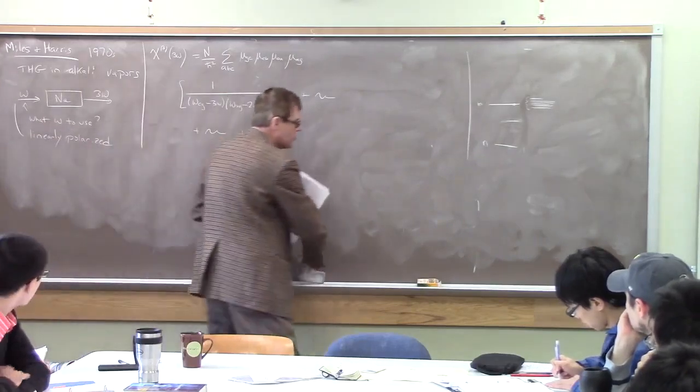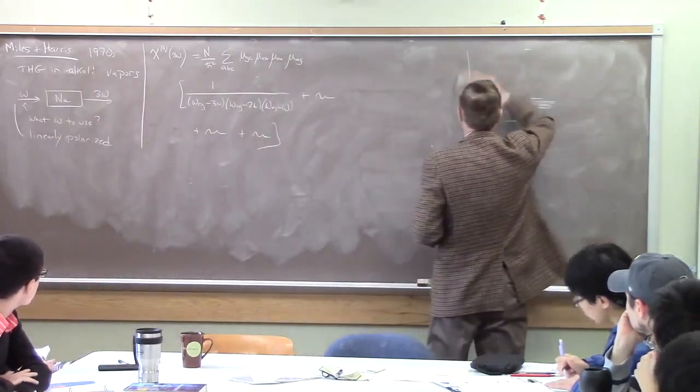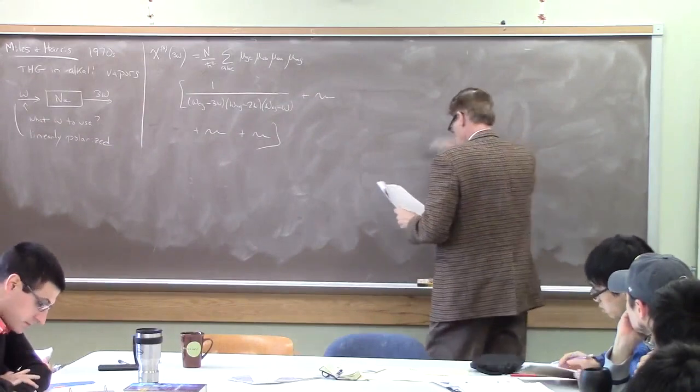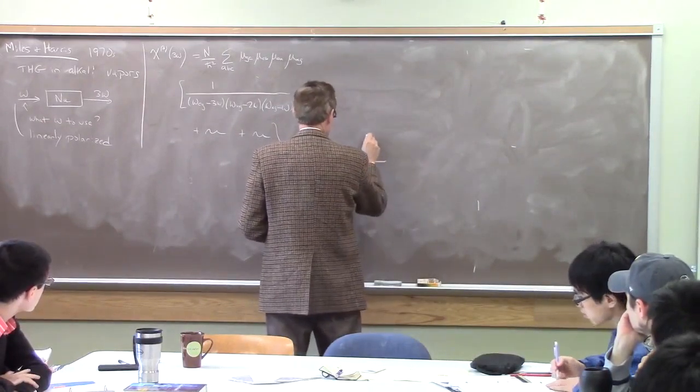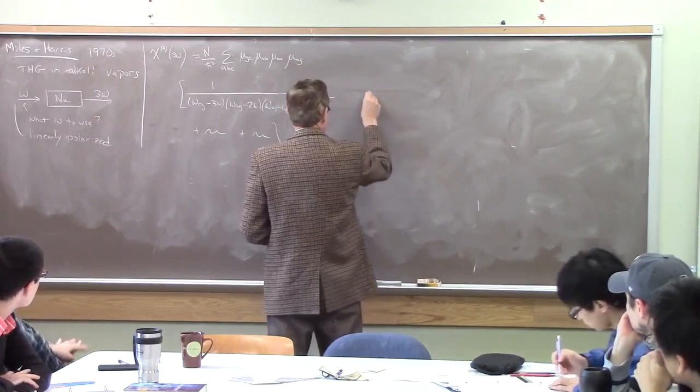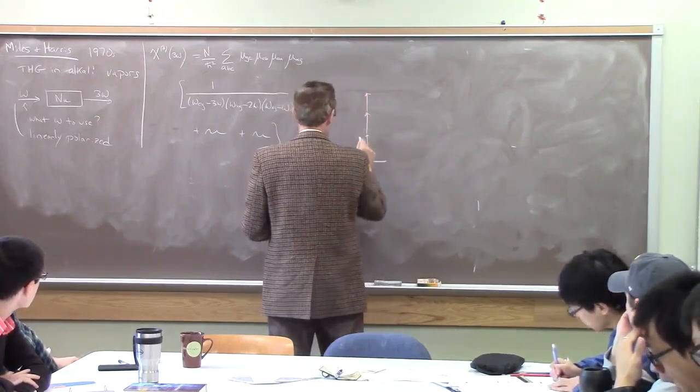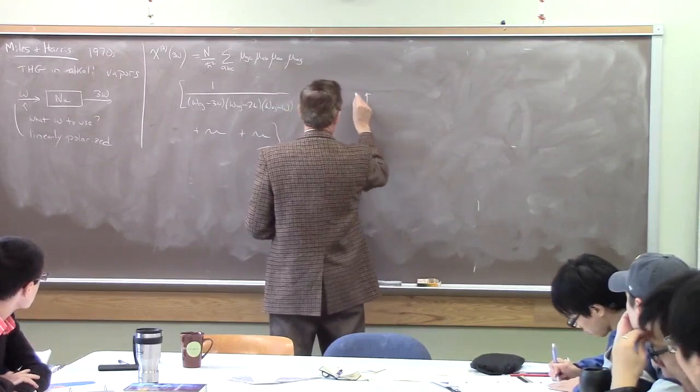So now let's draw a picture of what this might look like. Here they're trying to do third harmonic generation. I'll draw dashed lines.